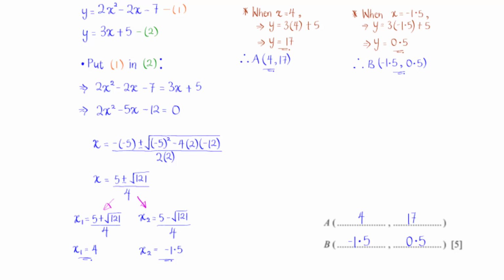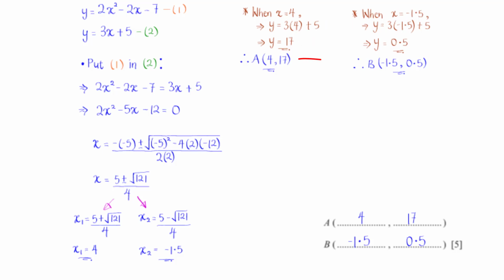To find the corresponding y-coordinates of these two points, we can substitute these values of x into either equation 1 or equation 2. In this case, I'm picking equation 2. And so for point A, when x = 4, y = 3 × 4 + 5, giving us 17.